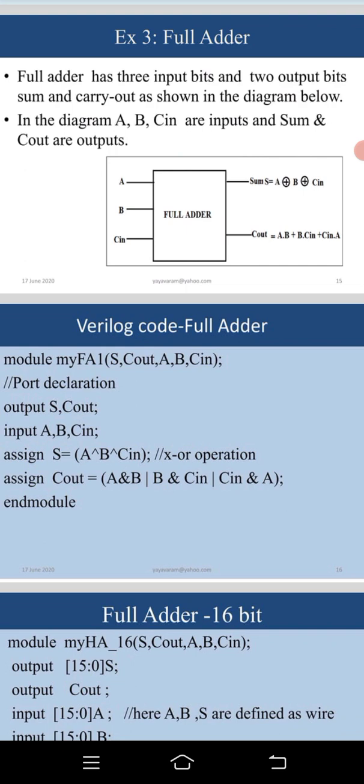Output S, C out; input A, B, and C in. Assign S is equal to A XOR B XOR C in. Assign C out is equal to (A and B) or (B and C in) or (C in and A). End module.